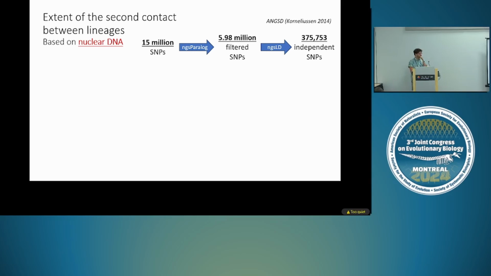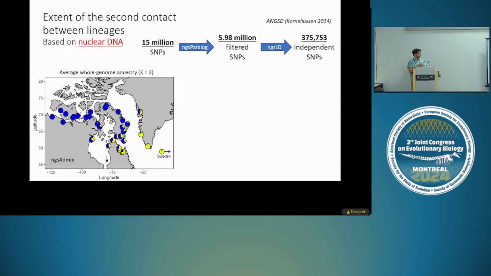But we started with looking at admixture patterns in the nuclear genome. And what we found, with our Swedish samples also, is actually a lot more admixture than we saw in the mitochondrial genome. So we have this whole southern Canadian Arctic that shows a signature of admixture in the nuclear genome.